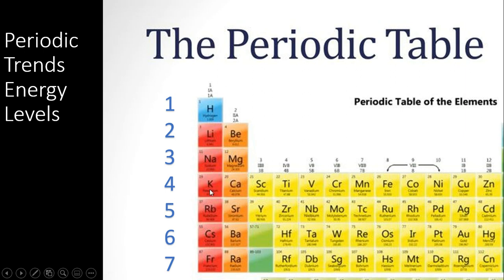And then every period you drop down has an extra energy level. When we get to the last period of the periodic table, all of these atoms here have 7 energy levels. So this is a pretty easy trend to remember. Just start with 1, and each period or row has an extra energy level.